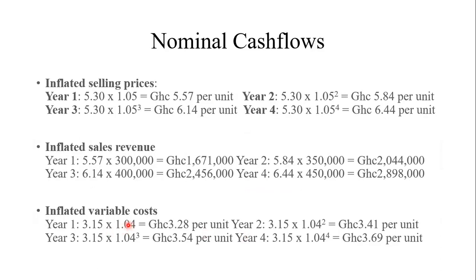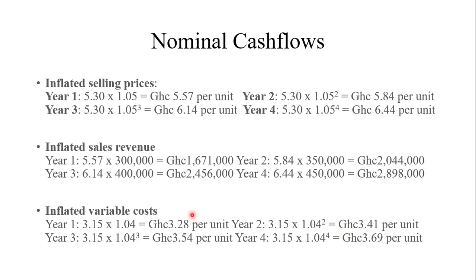So using the same formula, your variable cost multiplied by 1 plus 4% gives you the inflated variable cost for year 1, multiplied by 1.04 again to give you the inflated variable cost for year 2. You do the same for year 3 and year 4. You get the cash flows for the variable cost.